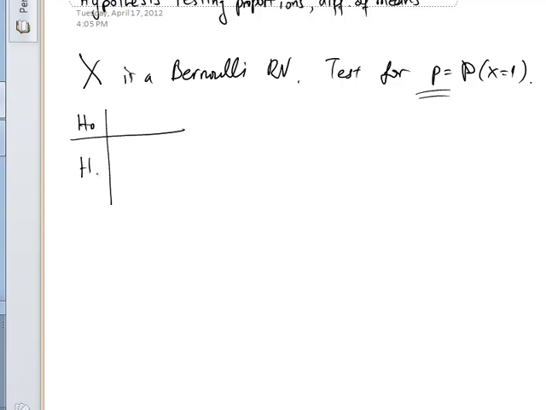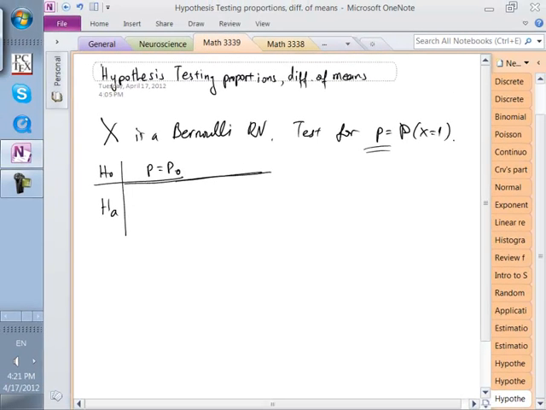The null is always P equal to a set value, which I call P naught. And I can have the following alternative hypotheses: either P is greater than P naught, P less than P naught, or P different than P naught.